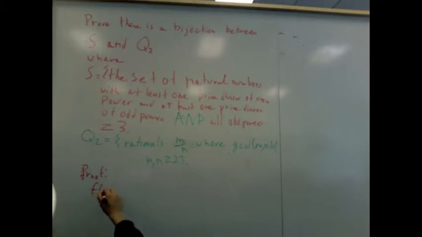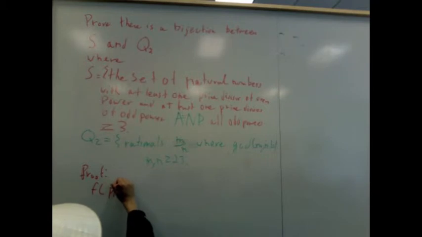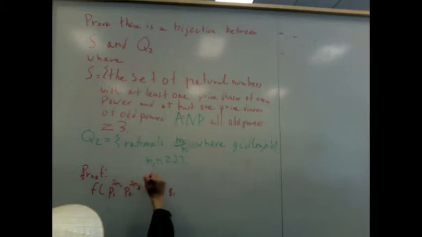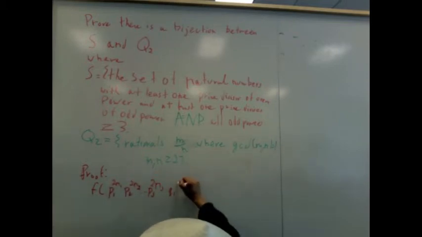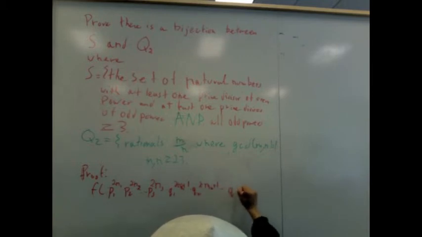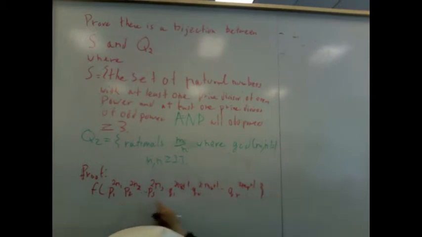By the fundamental theorem of arithmetic, I can write it as p1 to the n1, p2 to the n2, and so on, times q1 to the 2m1 plus 1, times q2 to the 2m2 plus 1, up to qr to the 2mr plus 1. So all I did was separate even and odd powers.